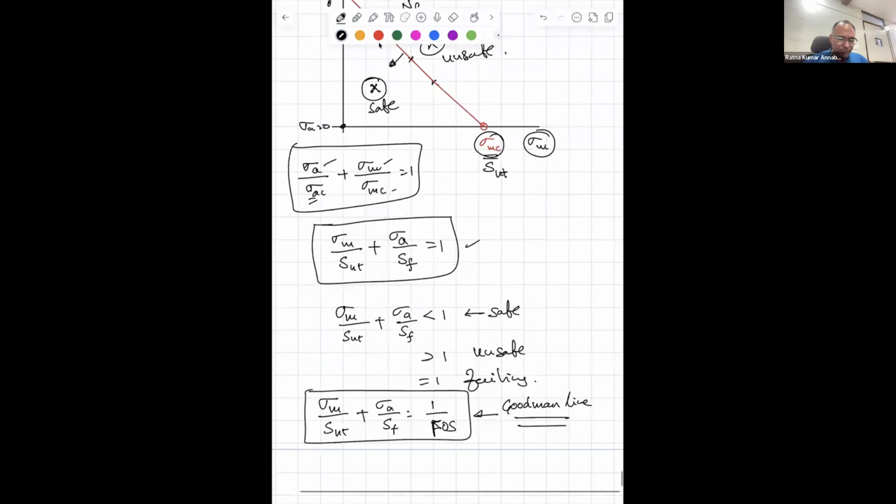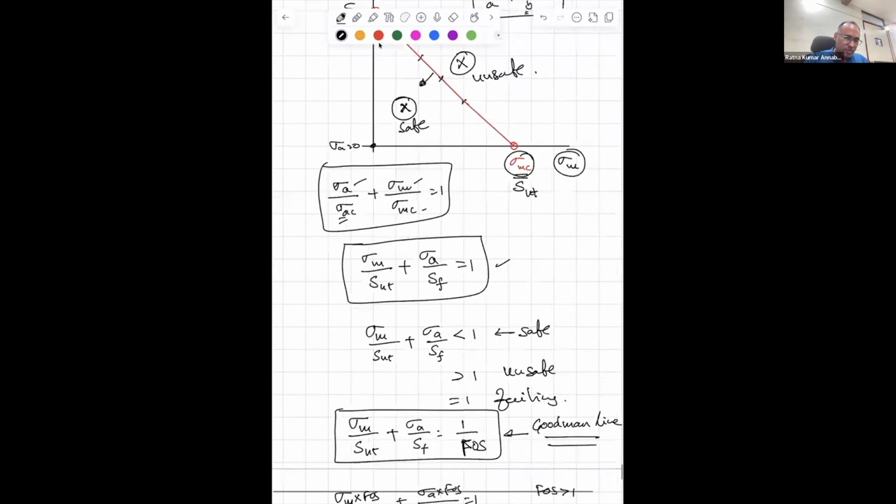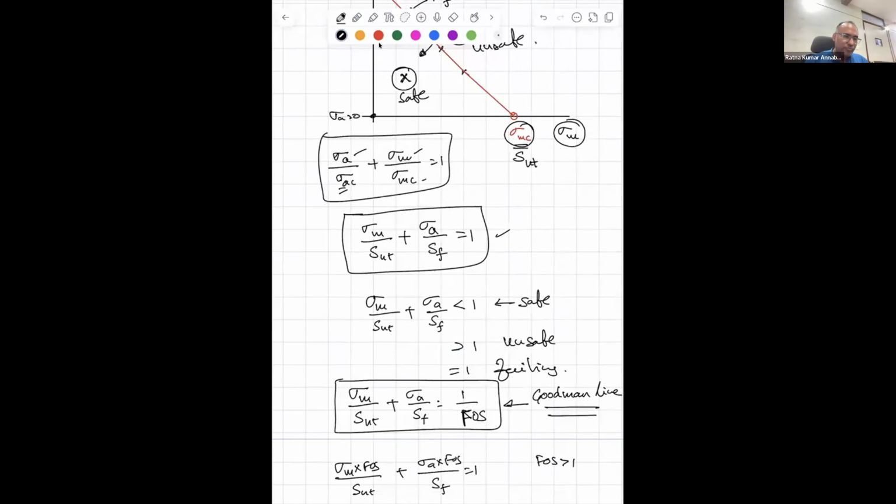You can simply see this as multiplying everything with the factor of safety, then sigma m into FOS by SUT plus sigma a into FOS by SF is equal to 1. FOS is greater than 1. That means we are taking sigma m, whatever number, times FOS, so I am making it move that way.